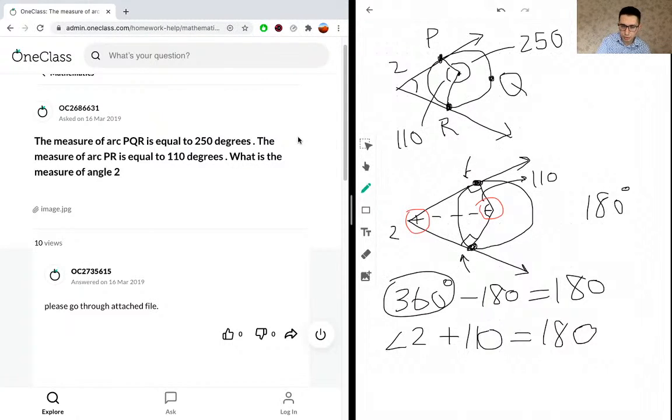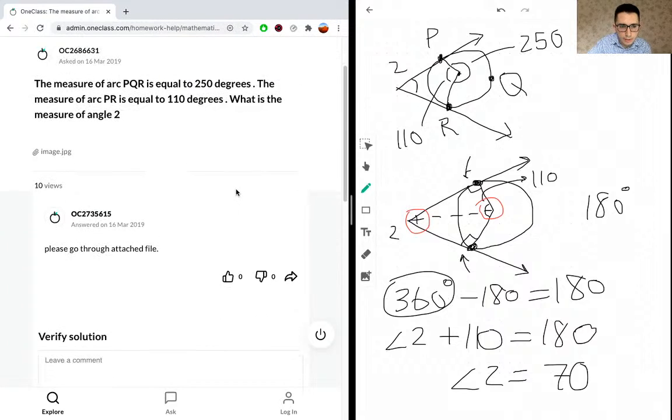We subtract 180 because we know the two right angles are 90 each. We're left with 180, so the final two remaining angles need to add up to 180 to maintain the triangle rule of all angles adding up to 180. So here angle 2 plus 110 equals 180, so angle 2 equals 180 minus 110, which is 70 degrees.